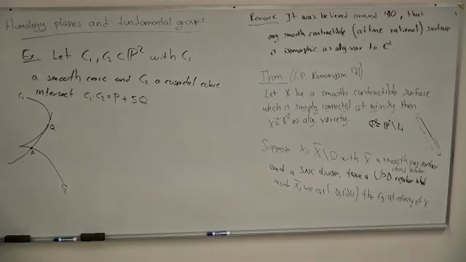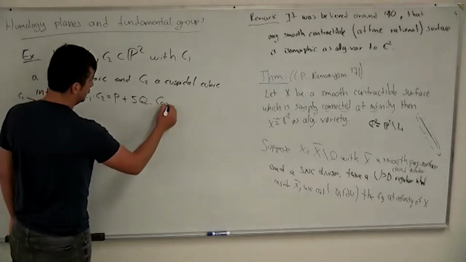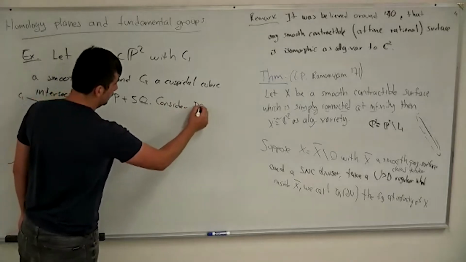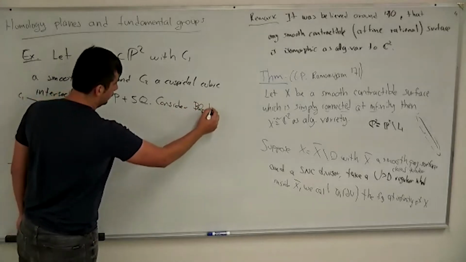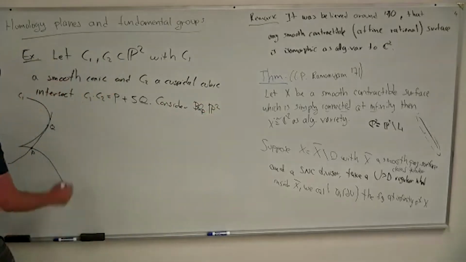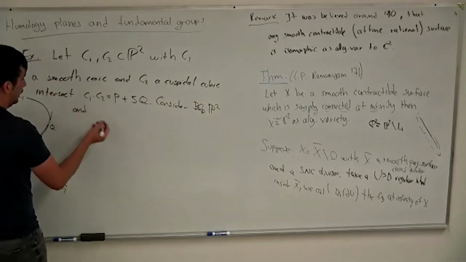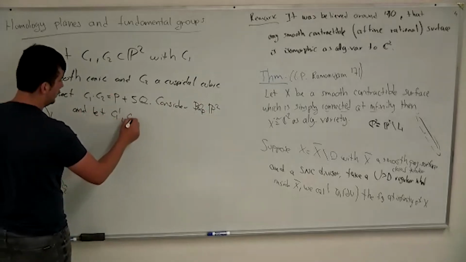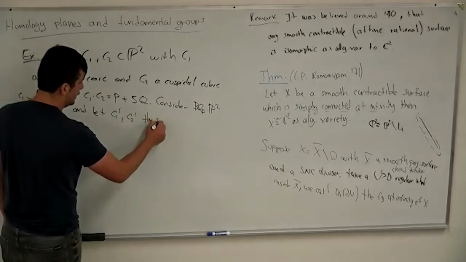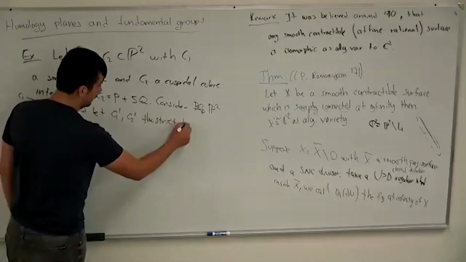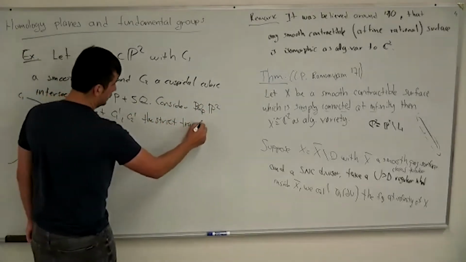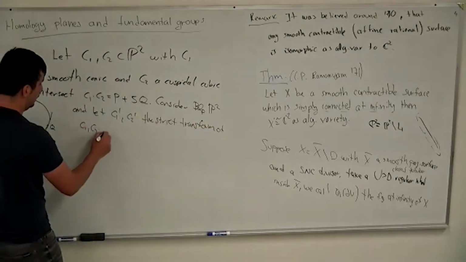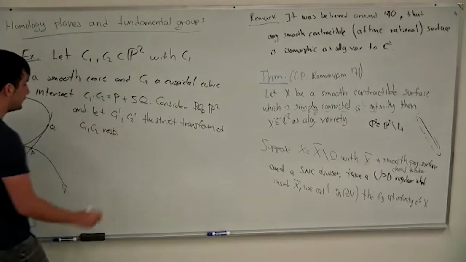And now we need to consider the blow up at P of P2, and we need to write C1 prime and C2 prime, the strict transform of these two curves, C1 and C2 respectively, okay?